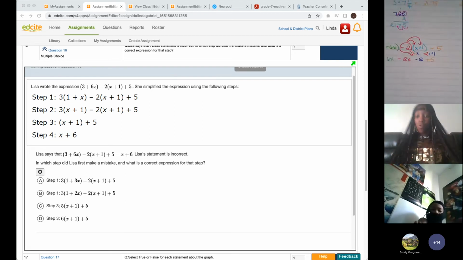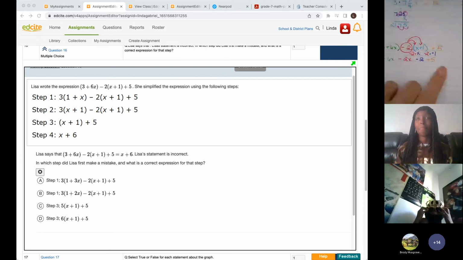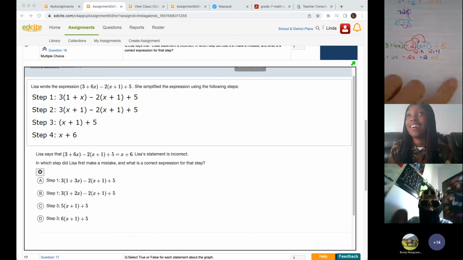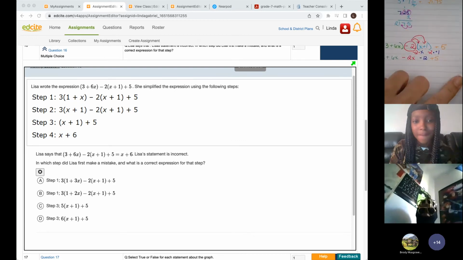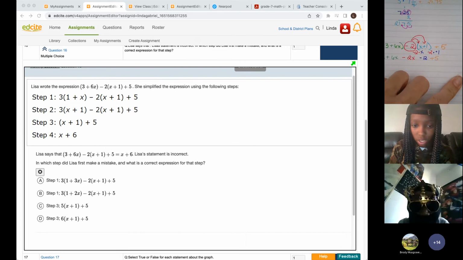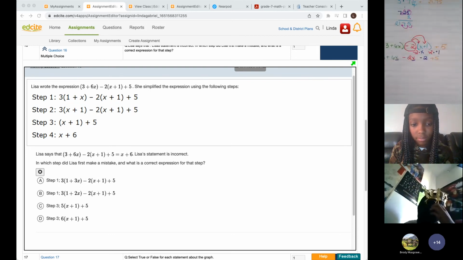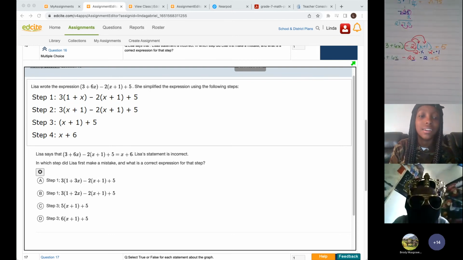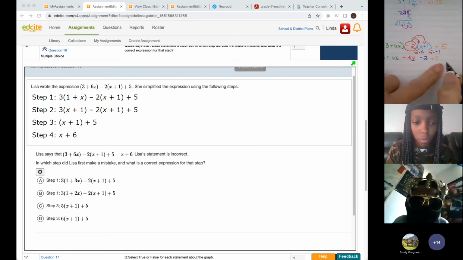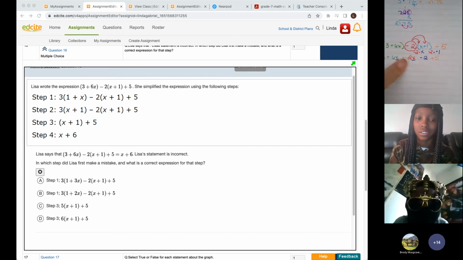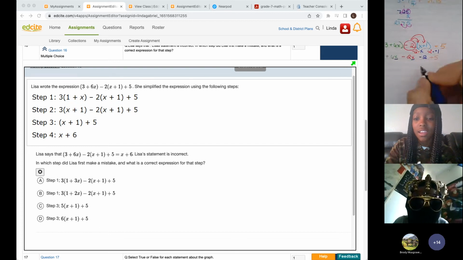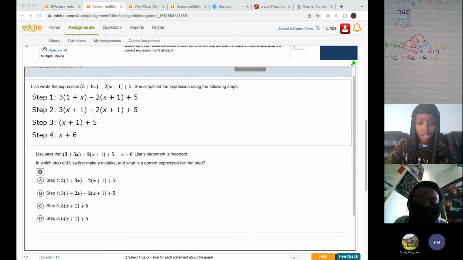Now I am going to combine like terms to simplify this expression. And what that essentially means is if I have numbers with variables, I can combine those. I have integers here that do not have variables. So these are like terms as well, right? They're just plain old integers.